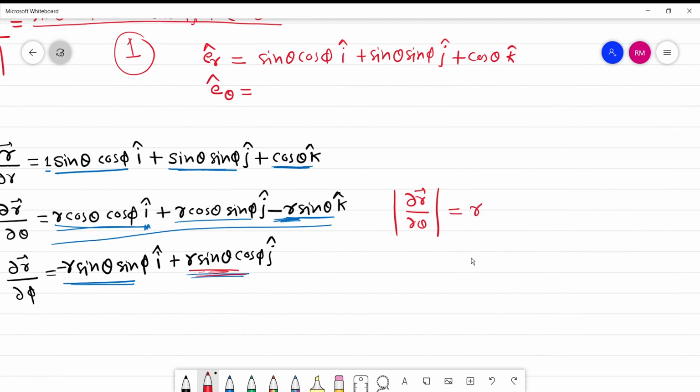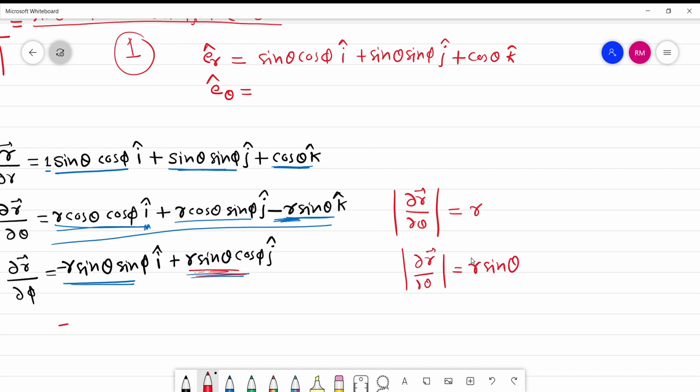So here you can see it is r. And similarly for the third term, delta r bar by delta phi, and mod of that will be r sine of theta. We have done it. So you can go back and take a look at that.